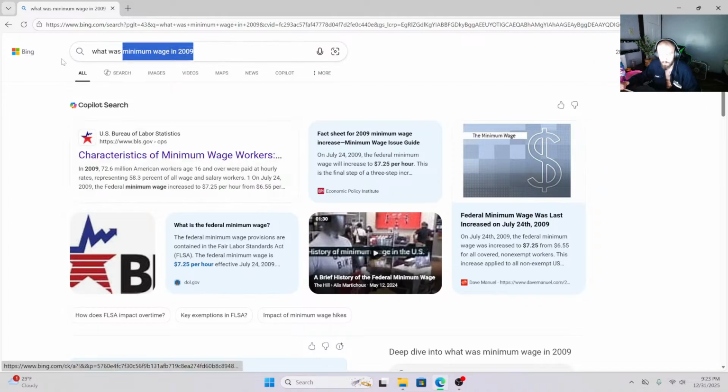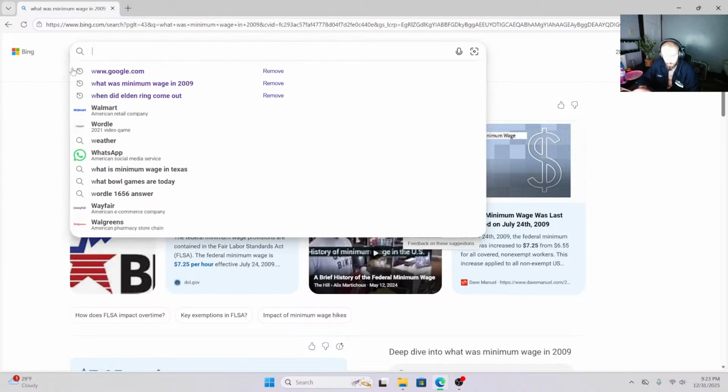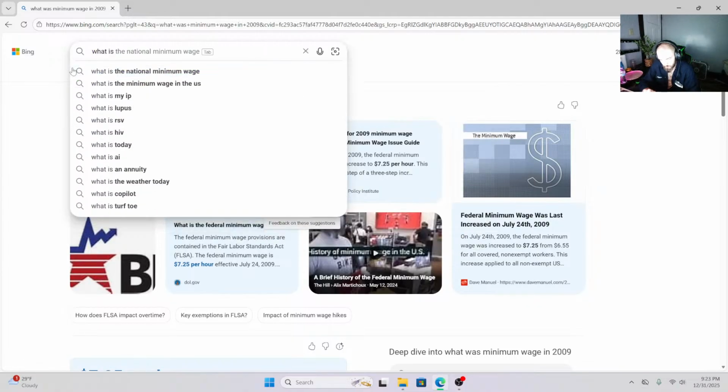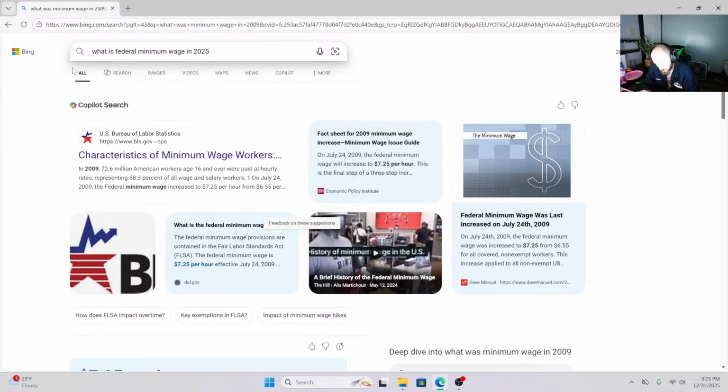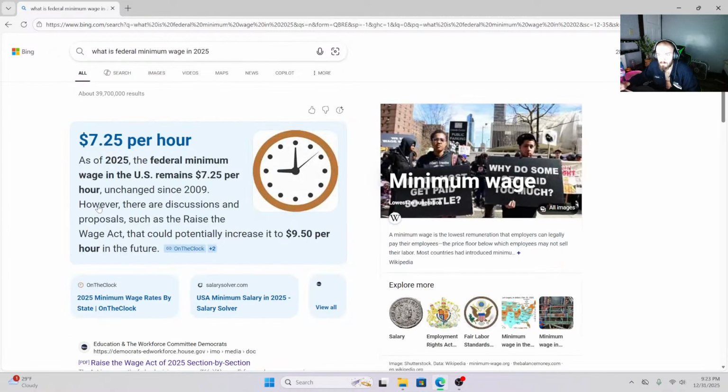Okay. What is federal minimum wage in 2025? Huh. Unchanged since 2009. Oh, okay. Alright.